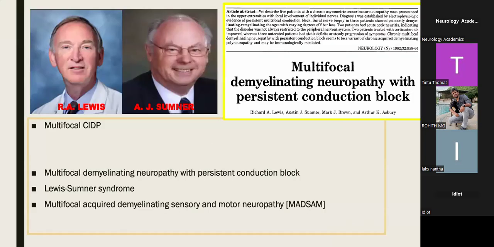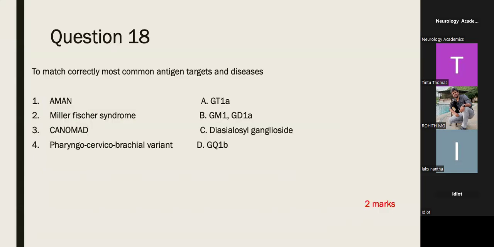The variant is multifocal CIDP, which was initially described by Richard A. Lewis and Austin J. Sumner in this paper. The various names used for this variant are multifocal demyelinating neuropathy with persistent conduction block, Lewis-Sumner syndrome, and MADSAM, multifocal acquired demyelinating sensory and motor neuropathy.